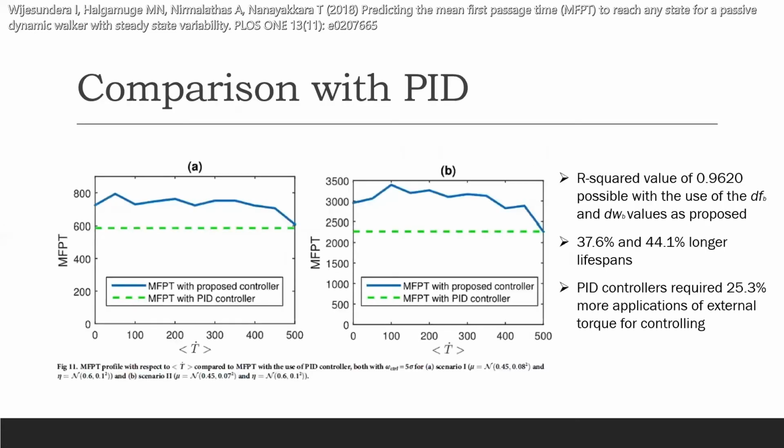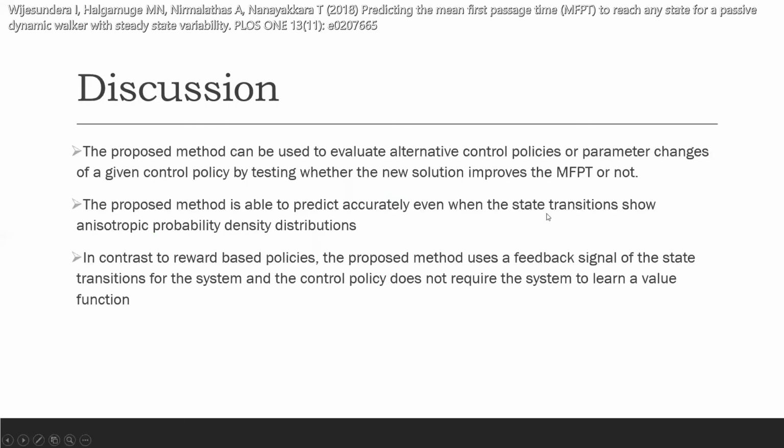The proposed method is able to predict accurately even when the state transitions show anisotropic probability density distributions. And finally, in contrast to reward-based policies, the proposed method uses the feedback signal of the state transitions for the system, and the control policy does not require the system to learn a value function.